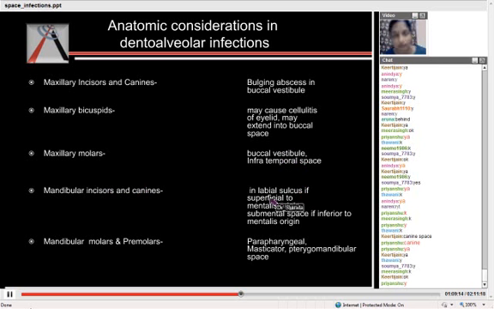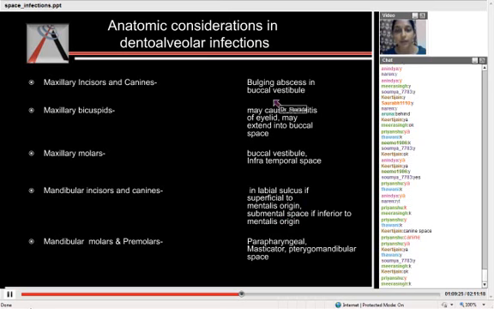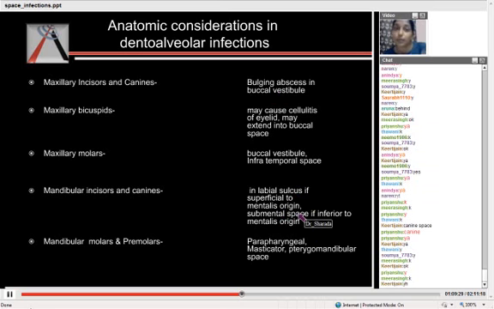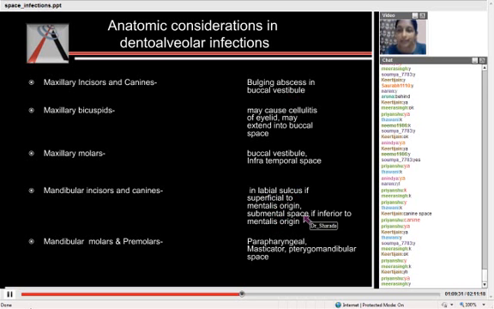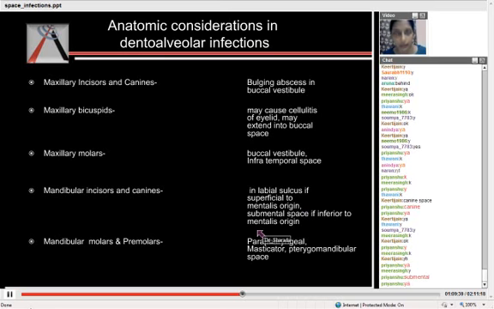Labial sulcus: superficial to the mentalis origin, and submental if inferior to the mentalis origin. Got it? The moment it goes to the labial sulcus, it has every chance of going into the buccal vestibule. But if it goes below the mentalis muscle, perforates the mentalis muscle, it's immediately going to enter your submental space. Got it? Yeah, Priyanshu, submental space.